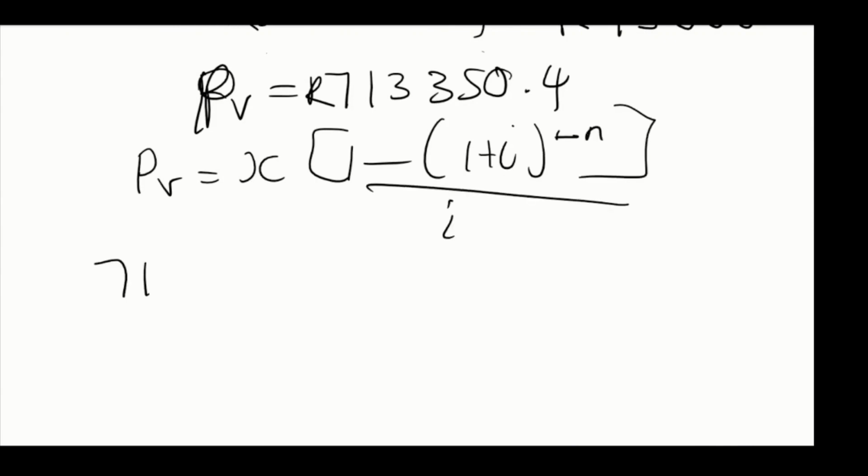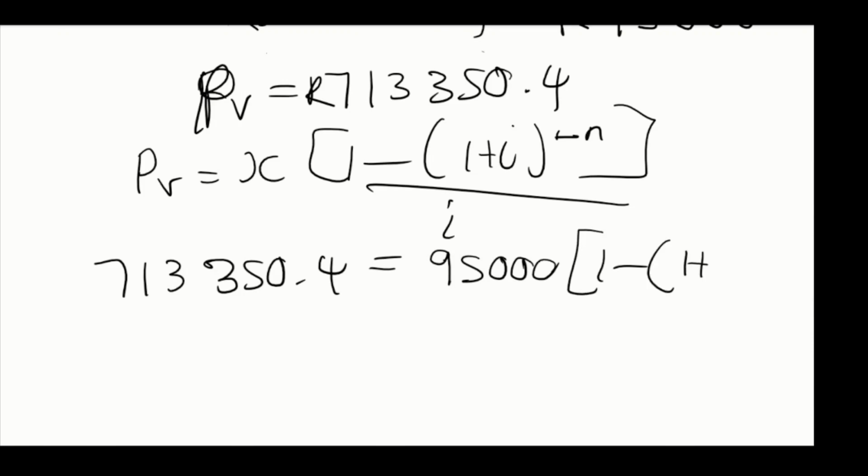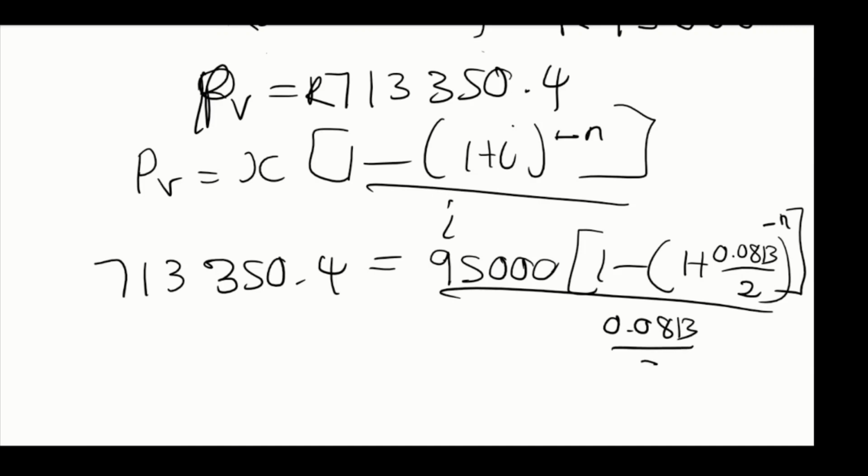So now we have 713,350.4 equals our withdrawal of 95,000 Rand into 1 minus 1 plus our interest rate of the problem, which is 8.13%, so 0.0813 over 2, since it's compounded half yearly, to the power of minus n, divided by 0.0813 over 2.